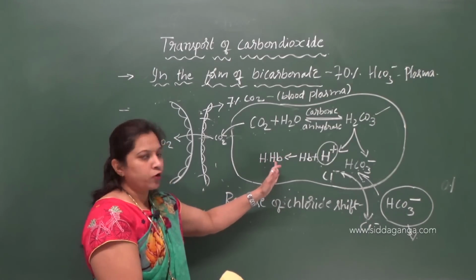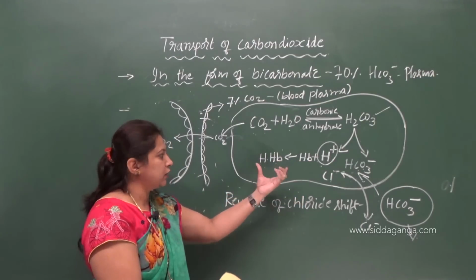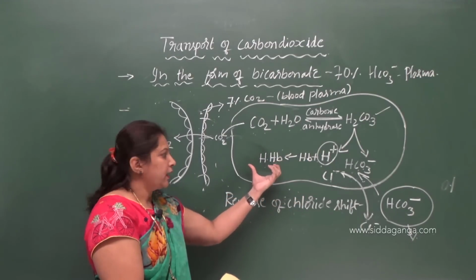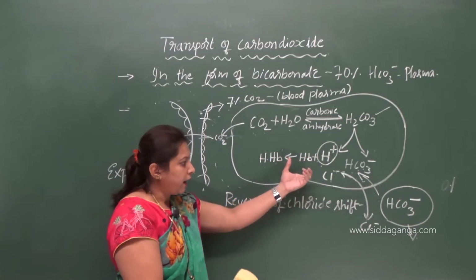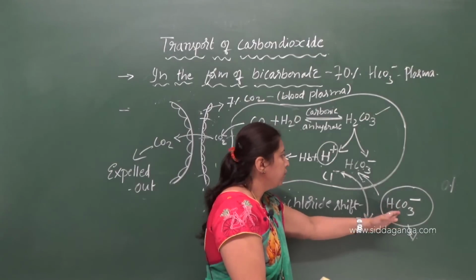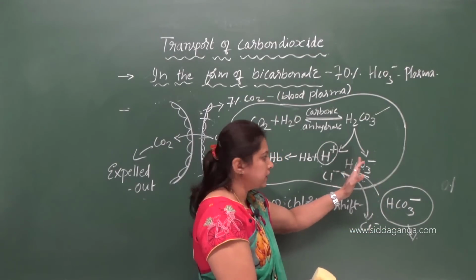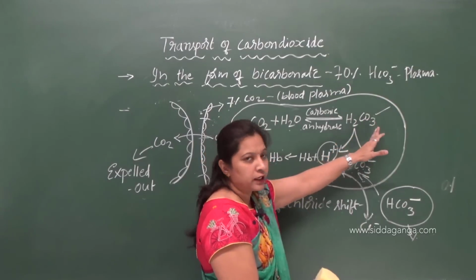So once the hemoglobin binds with the oxygen, it forms oxyhemoglobin, which acts as a strong acid and releases the excess hydrogen ions. The bicarbonate ions present in the blood plasma re-enter the RBCs and combine with hydrogen ions to form carbonic acid.